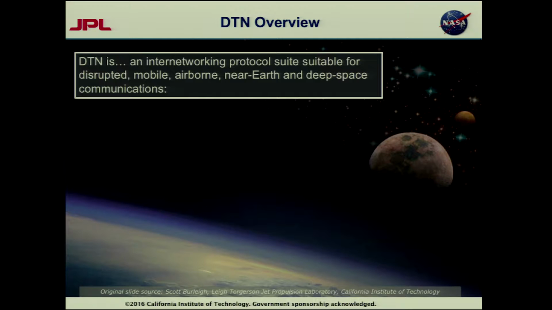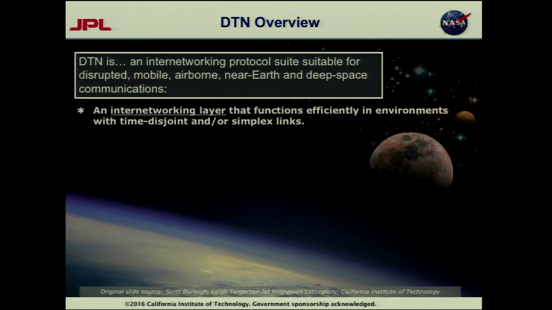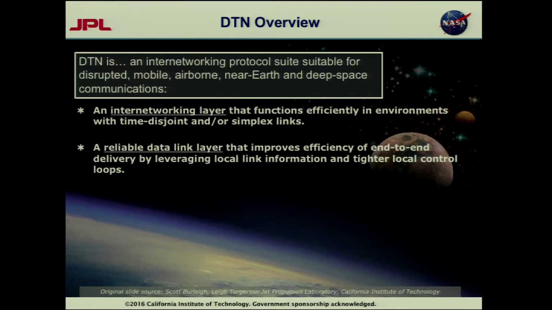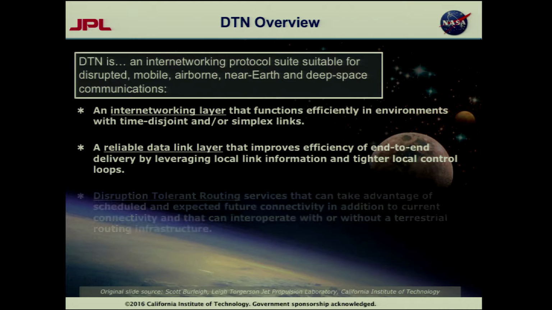There's a working group. There was a slide here, but let's see. Oh, there we go. So internetworking layer that functions efficiently in environments with time disjoint or simplex links. A reliable data link layer that improves efficiency of end-to-end delivery by leveraging the local link information and tighter local control loops.